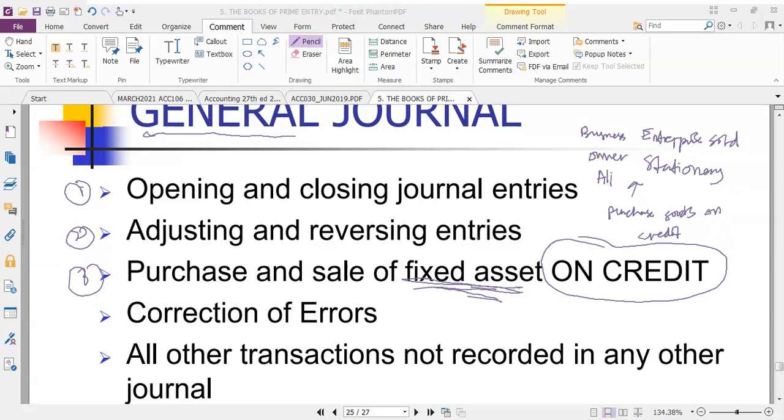So which journal that you think will be, general journal or purchase journal? Faster, Arwin. I want to ask all of you. Arwin, cepat. Your answer? Purchase journal or general journal?